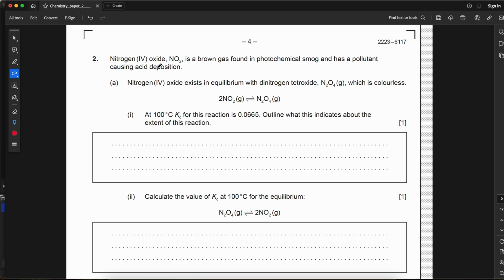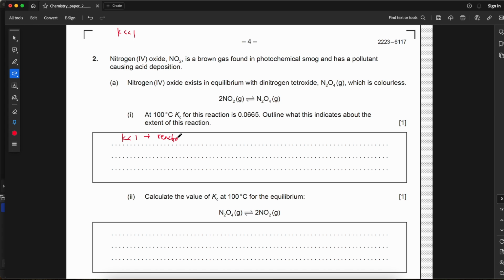Okay, when Kc is smaller than 1, the reaction hardly proceeds at all towards the product. But if Kc is bigger than 1, the reaction proceeds almost completely towards the product. So in this case, Kc is smaller than 1.